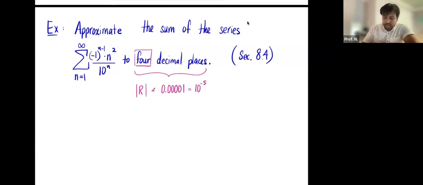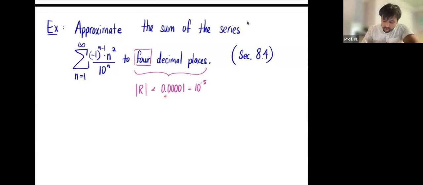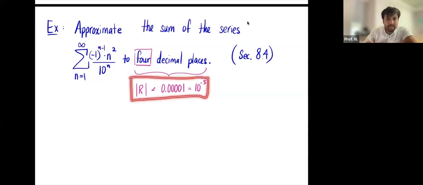Because I want the difference of the first 4 digits to be 0. I don't want there to be a difference between the first 4 digits of the actual sum and the first 4 digits of the partial sum. So that's the conclusion we make based upon what we're given to find.